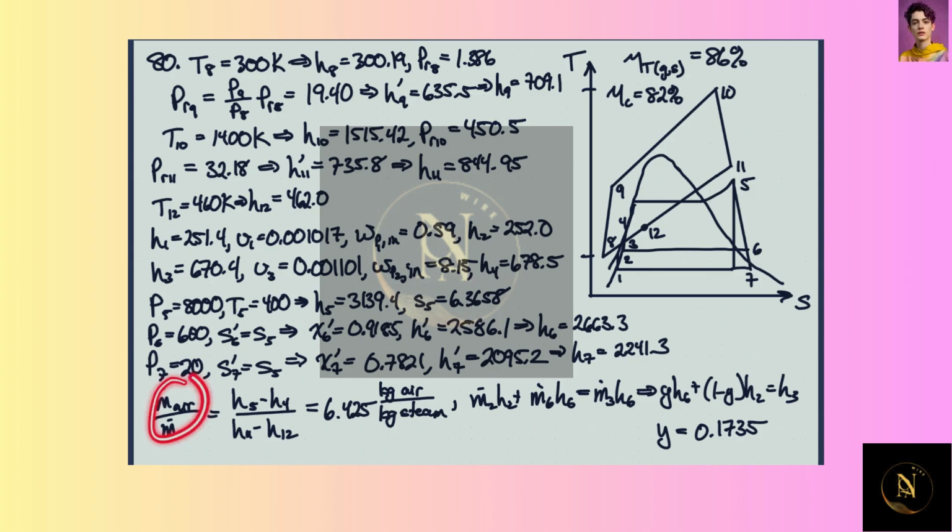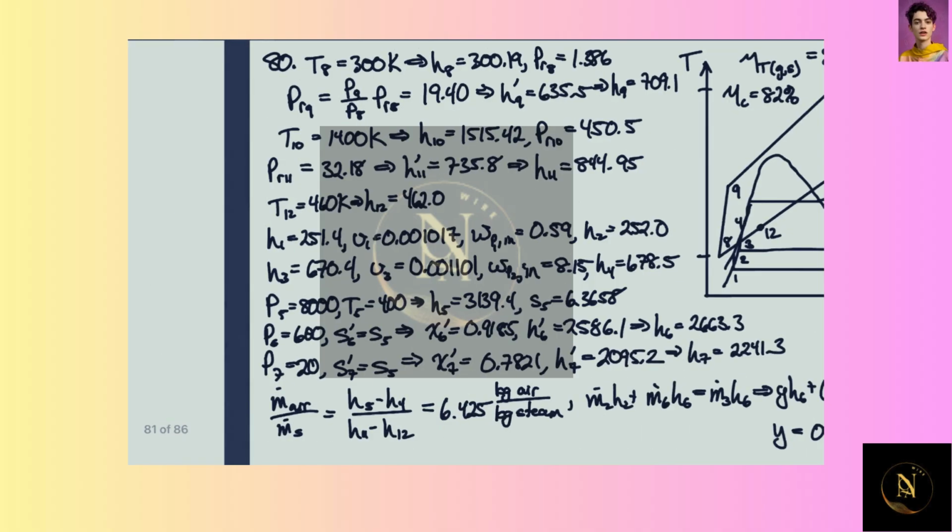So again, we can do an energy balance on the heat exchanger, or basically the combination condenser boiler thing. So at the heat exchanger, we get a ratio of mass flow rates. And this time now, it's 6.425 kilograms of air per kilogram of steam.